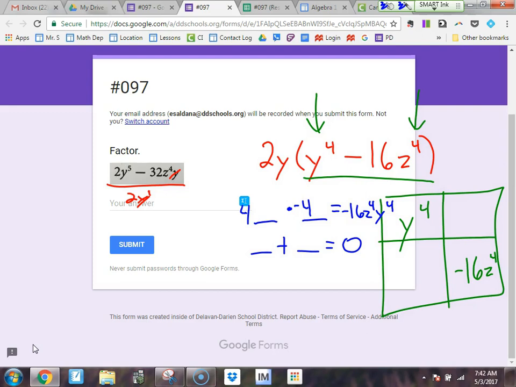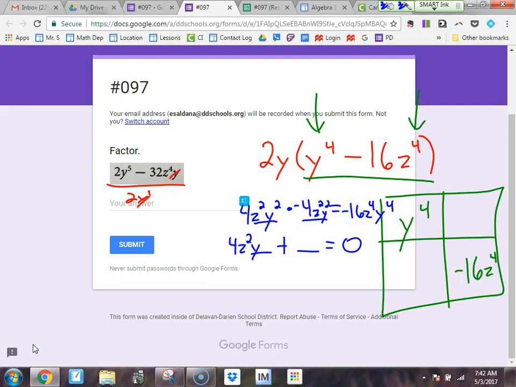They have to be like terms. I'm going to give you this, and hopefully you'll say, oh yeah, that makes sense. That's z squared, y squared. They both have to have a z squared, y squared. Again, they would multiply to give me negative 16 z to the fourth, y to the fourth, and if I added these two together, they would give me 0.